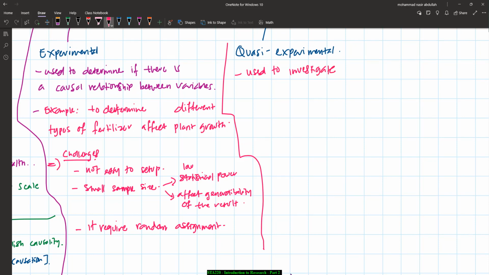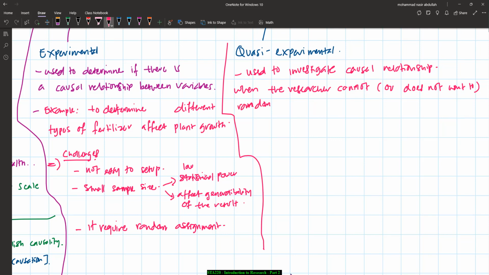So let me put this way: used to investigate causal relationship, right? When the researcher cannot or does not want to randomly assign participants.